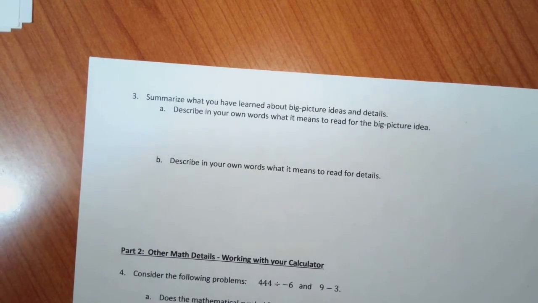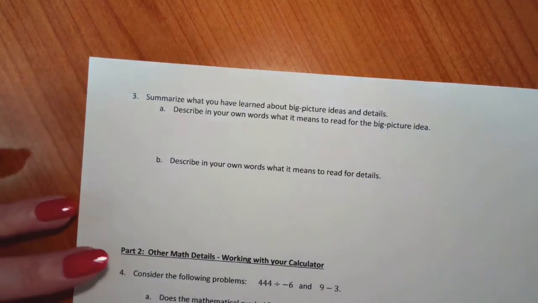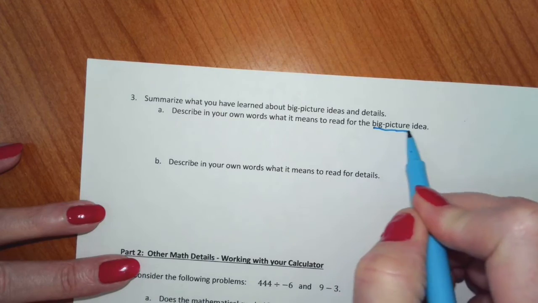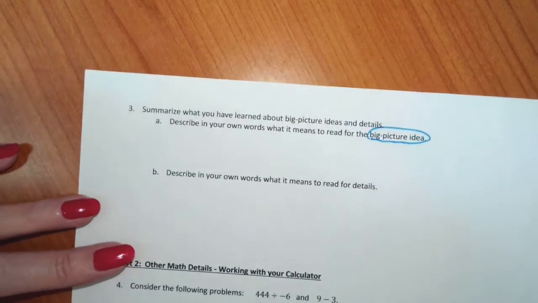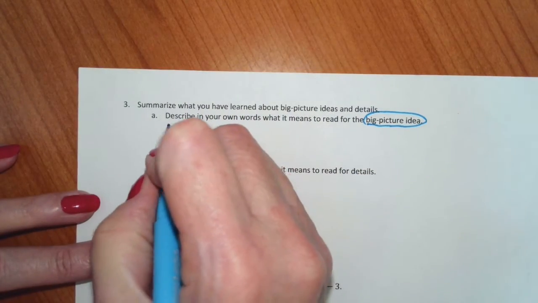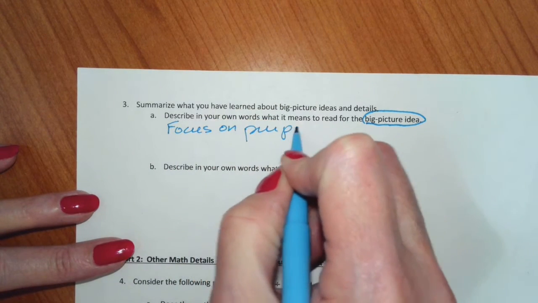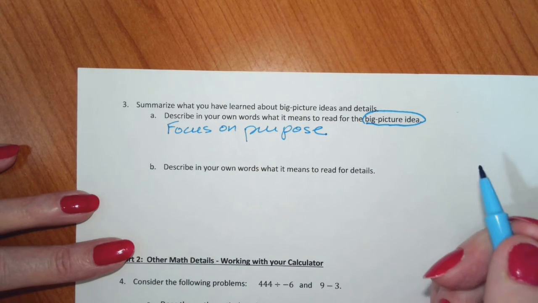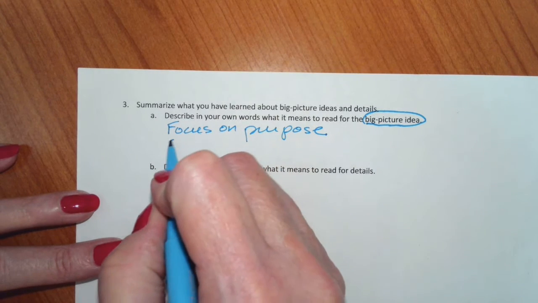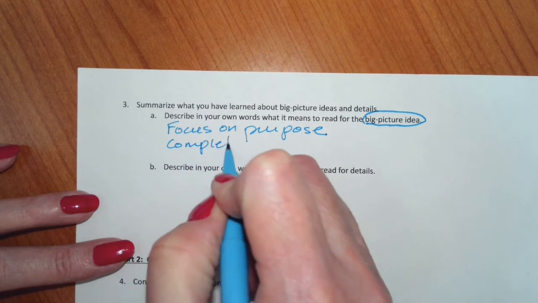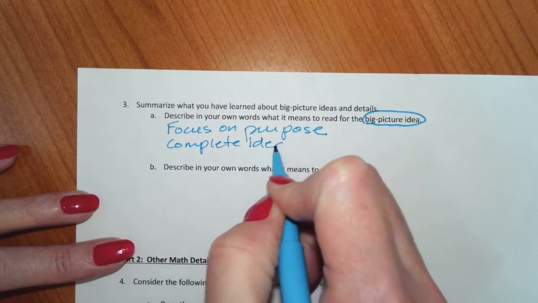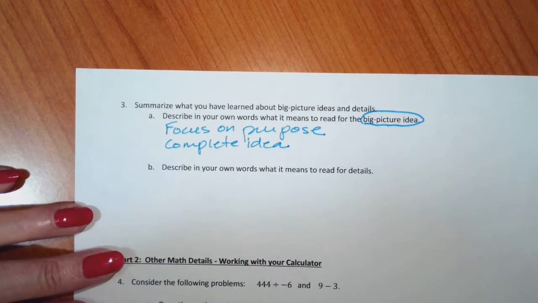Okay, what does it mean to search for the big idea, the big picture idea? You could focus on purpose. What are they looking at? You can look at the complete idea. These are a couple of things that came up in class.